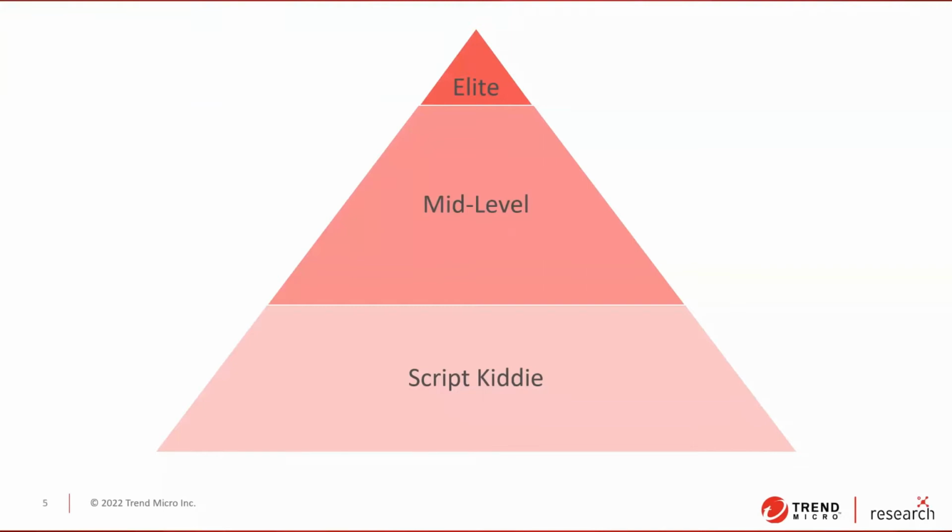These are beginner hackers, often not really criminal in nature yet, at least not professional about it, and they still very much learn as they go. You can imagine the classic image of the teenager in the hoodie in their parents' basement. That's what everybody thinks about when they think about script kiddies.